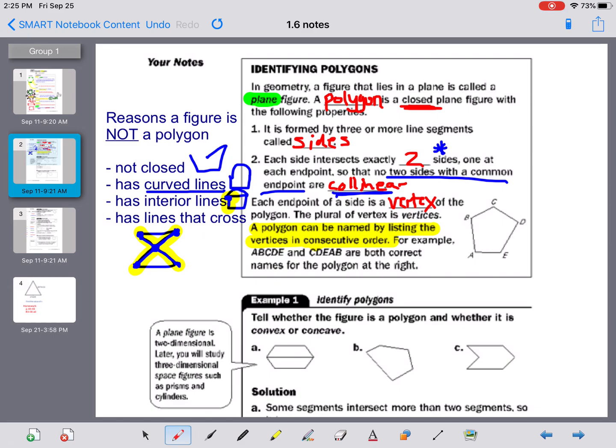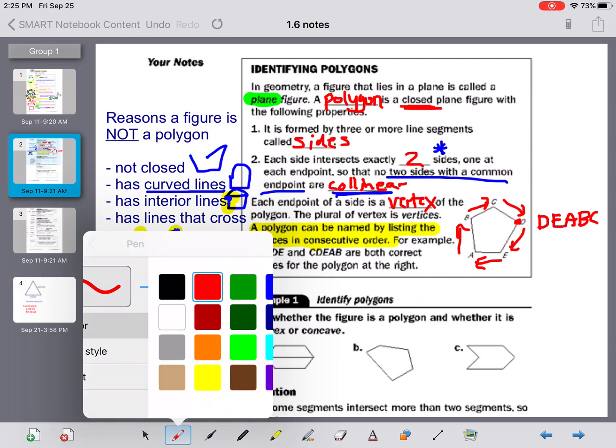But once we choose our starting point, it's going to affect the rest of our answer. So I'm going to start at D. If I start at D, I could name this polygon D, and now I'm going clockwise, E. The next one has to be A. The next one has to be B. And the next one has to be C. And if I keep going, I go back to D. Well, I don't want to list that twice, so I'm done. That's one way I could name that.